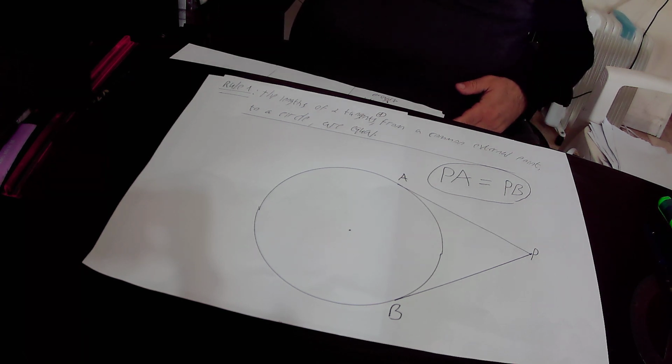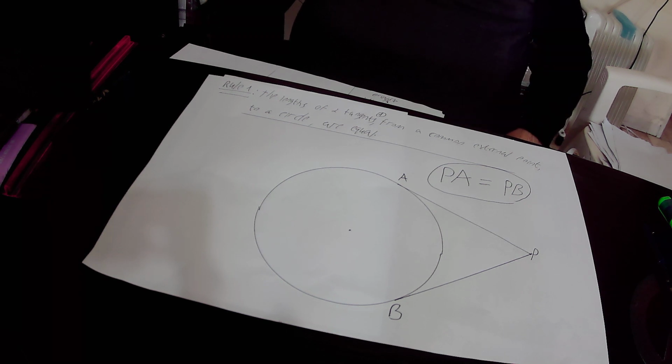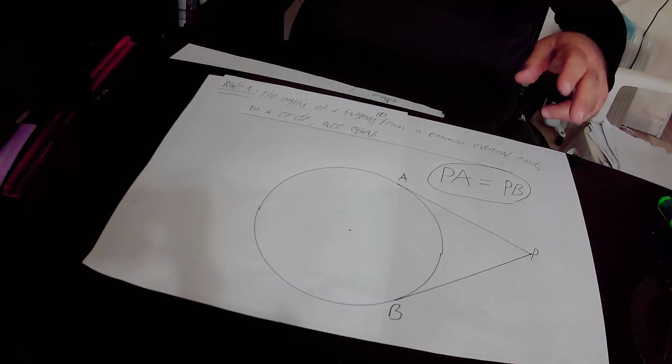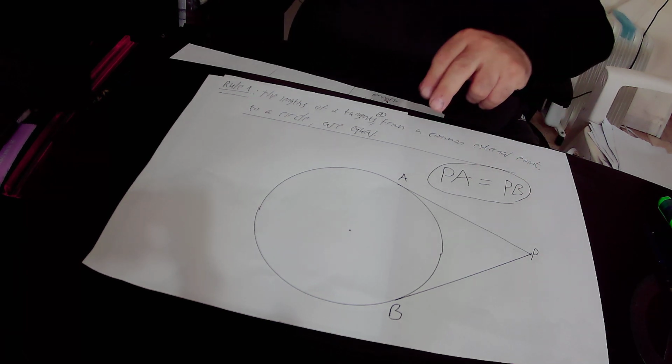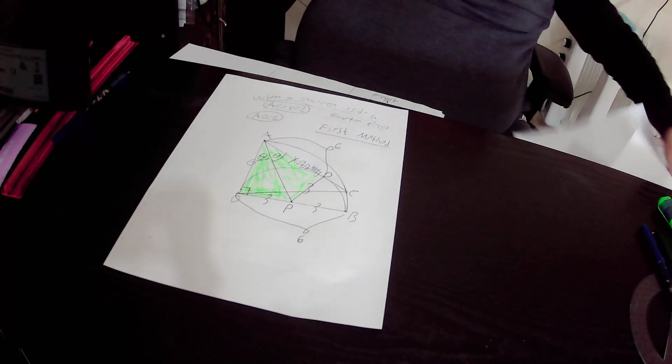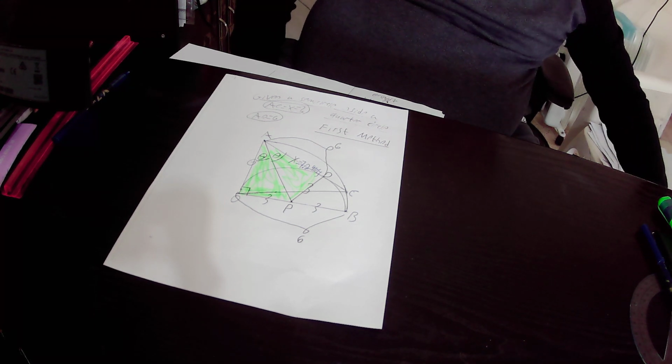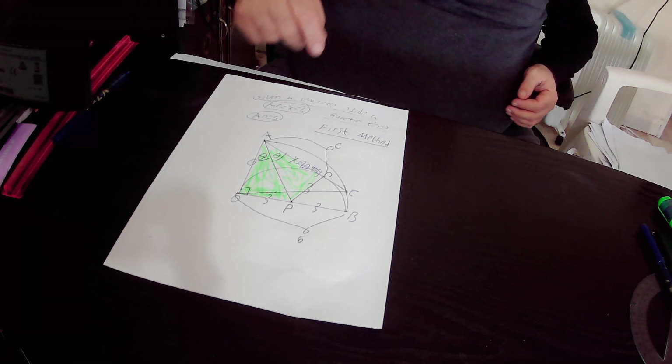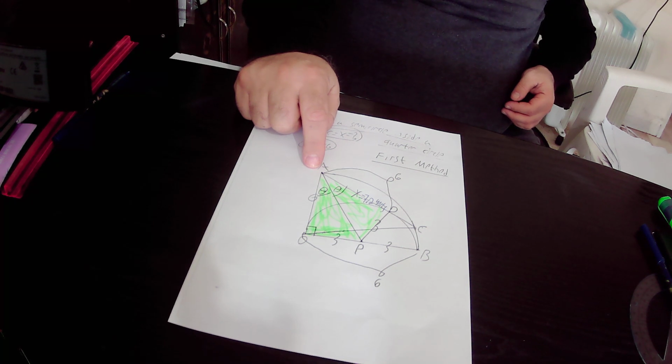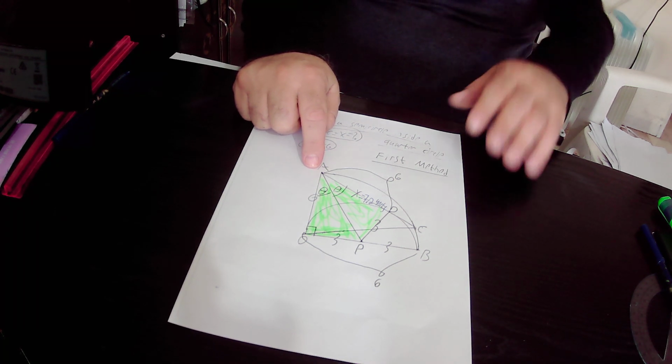So whenever you draw two tangents to a circle from a common external point, the lengths of those two tangents will be equal to each other. In this case, PA will be equal to PB. You can implement rule number 1 in our drawing, because we have the common external point A, and from A we have two tangents to this semicircle.